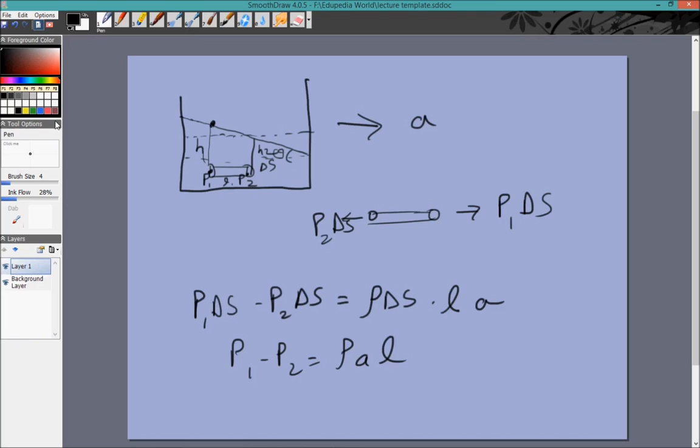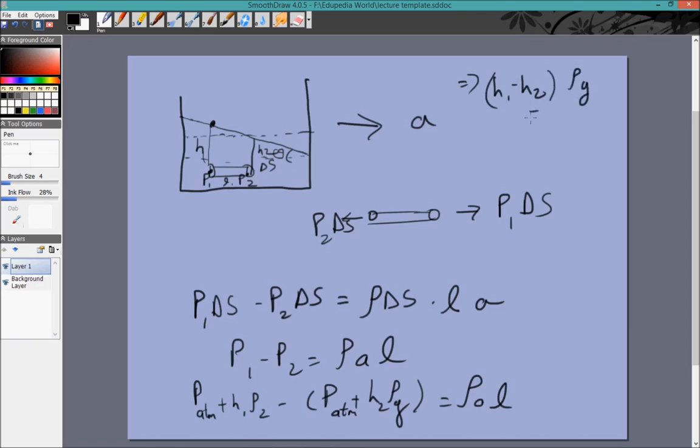So P1 will be P atmospheric plus H1 rho g, minus P atmospheric plus H2 rho g, is equal to rho A L. P atmospheric will cancel, it gives me (H1 minus H2) rho g is equal to rho A L. Rho cancels, which gives me (H1 minus H2) by L is equal to A by g.